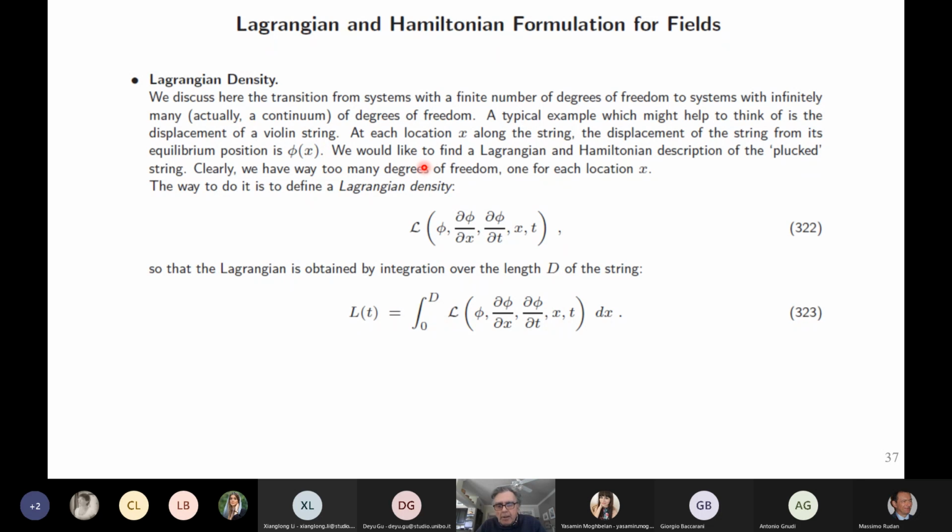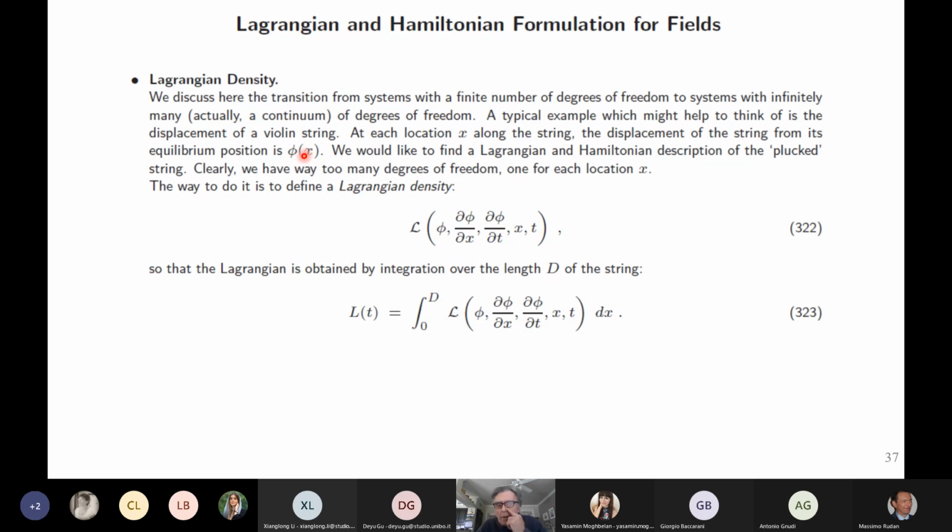I want to describe the motion of this string in terms of a Lagrangian and, of course, Hamiltonian formulation. So I view these phi as the q sub i that I had before for my system with a finite number of degrees of freedom. The subscript i ranges from 1 to n, the total number of degrees of freedom.